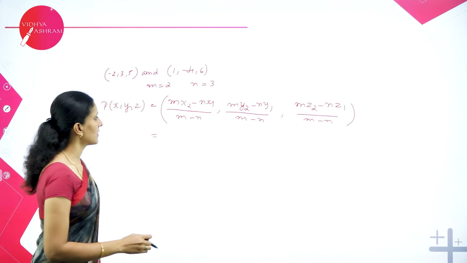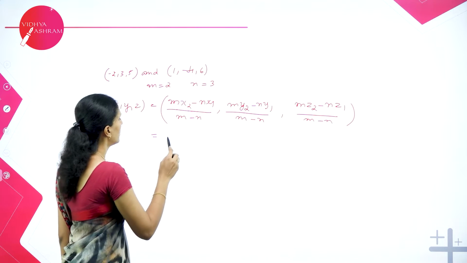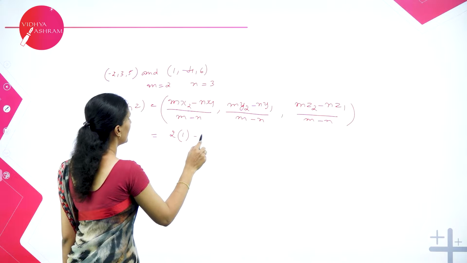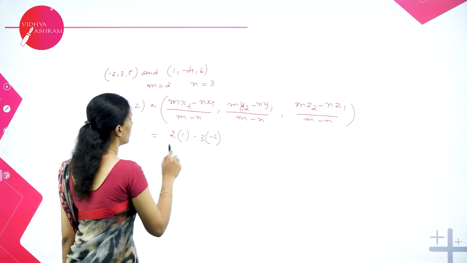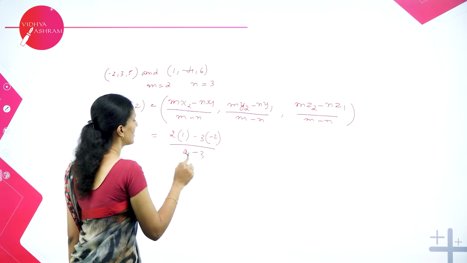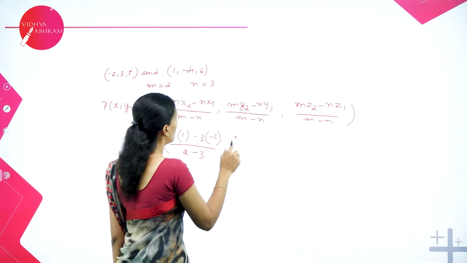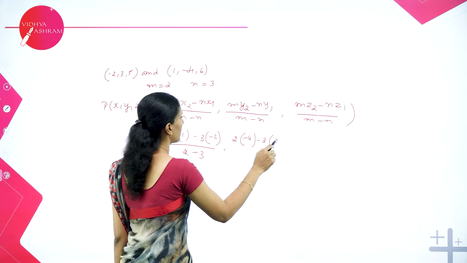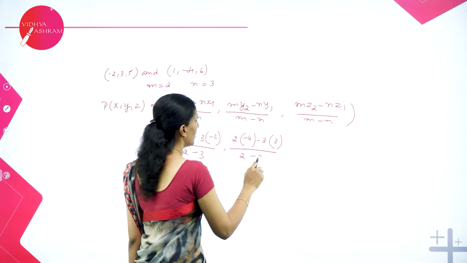Now let's see the result. m is 2, x2 is 1, minus n is 3, times minus 2, whole divided by 2 minus 3. Next we have 2 into minus 4 minus 3 into 3 divided by 2 minus 3.